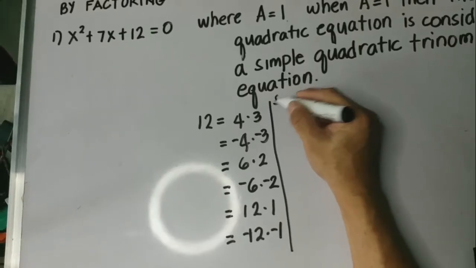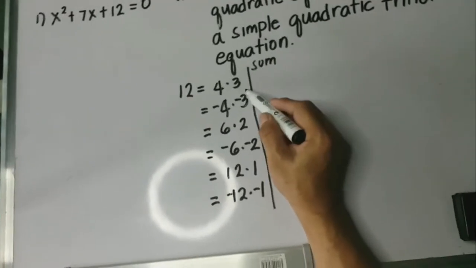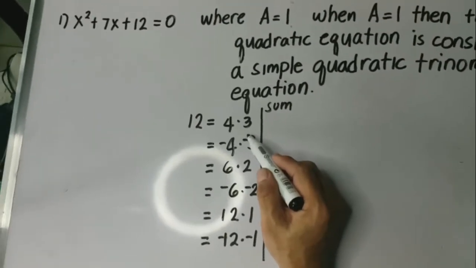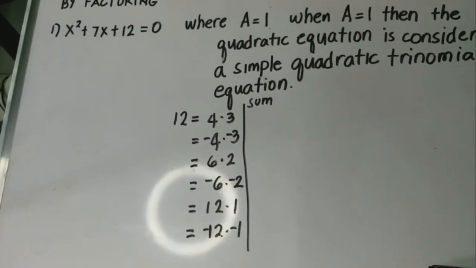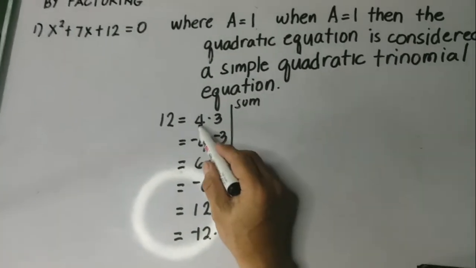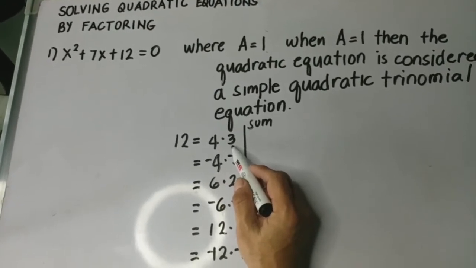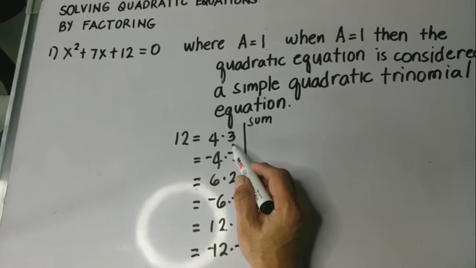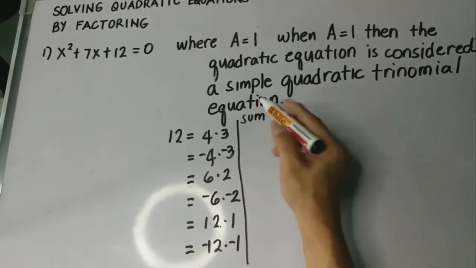Then get the sum of the factors. In getting the sum, you have to consider the law of signs. For numbers having the same signs, add the numbers and copy their common sign. Then 4 plus 3 is 7.